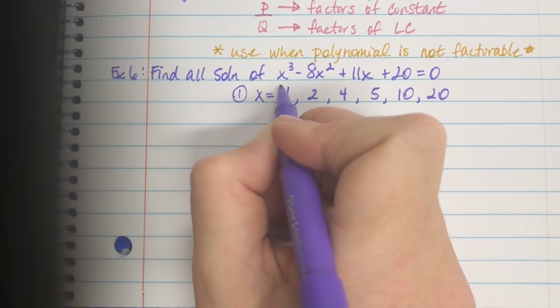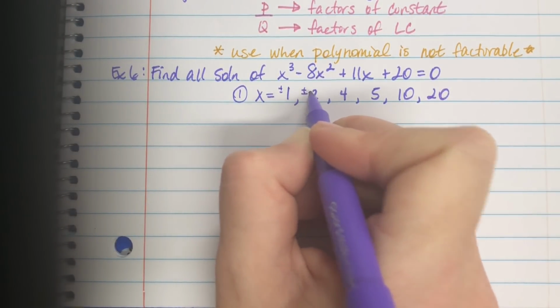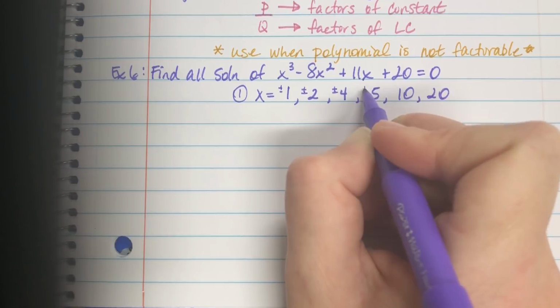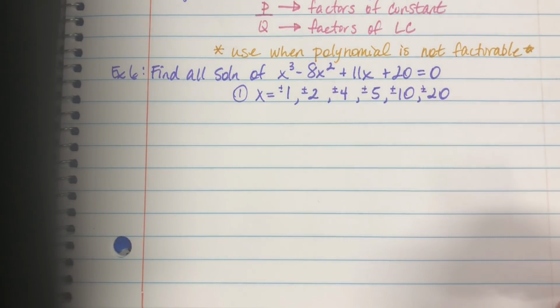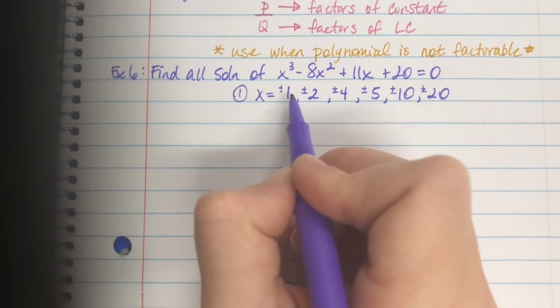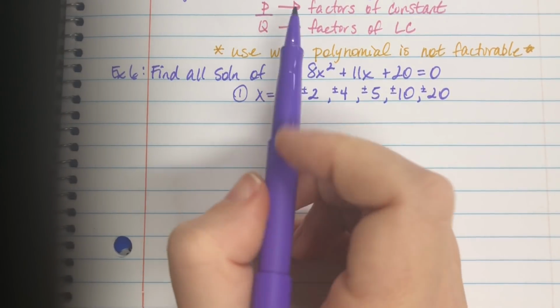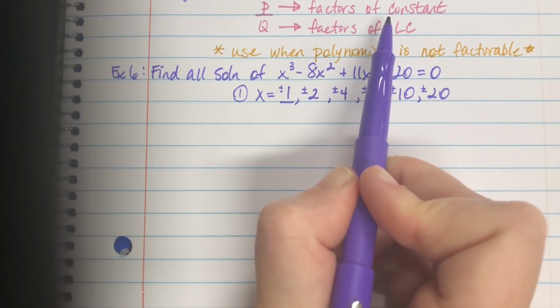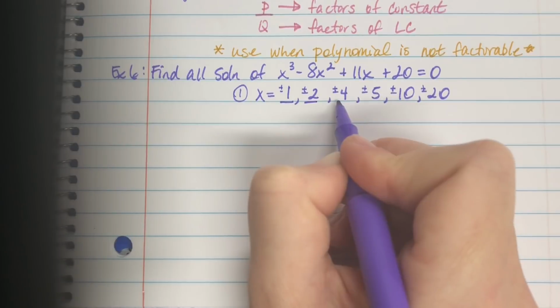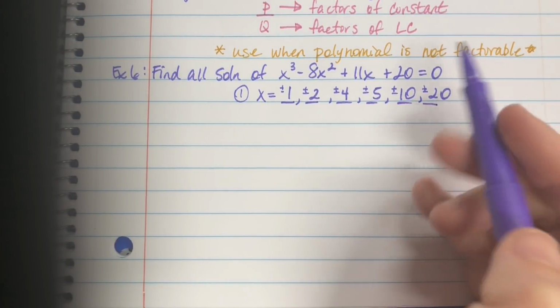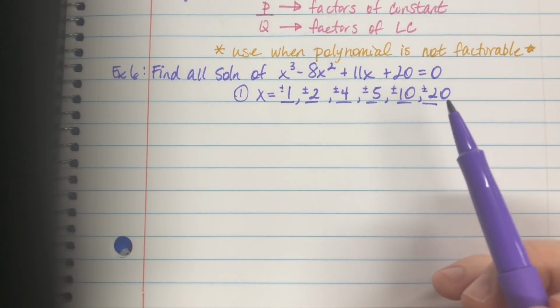Please keep in mind, all of these are positive or negative. Positive or negative 2 does go into 20. Positive or negative, always. Now those were our P's. Those are all the factors of the constant. We're going to list them all out. And then all the factors of the lead coefficient. So all of these divided by my factors of my lead coefficient.